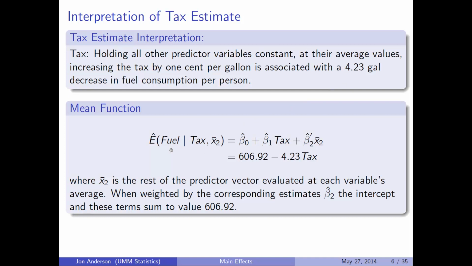You could have an estimated mean function for fuel consumption as a function of tax varying and the other predictors held constant, designated by X bar 2, and you could just plug in the average values for all the other predictors and get a new estimated intercept and linear function that has this negative 4.23 slope in terms of tax.